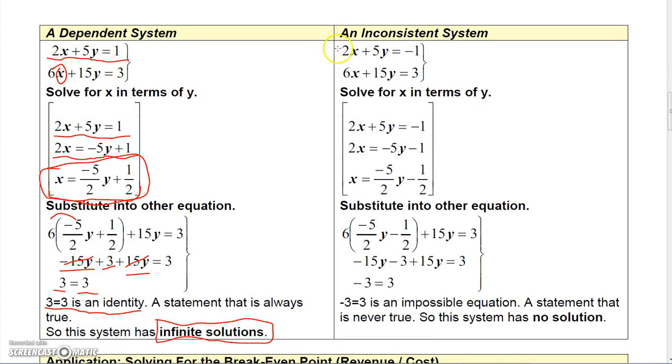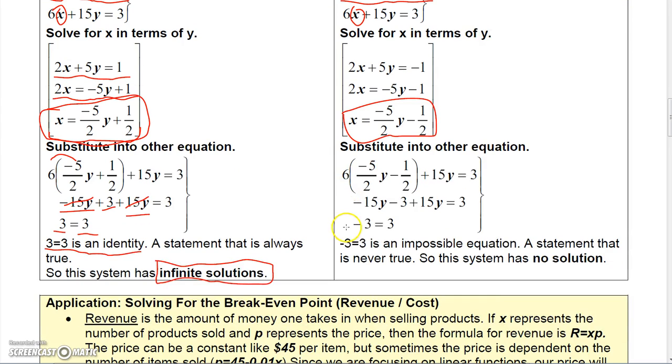Now, I'm not going to go all the way through this second one because it's so similar to the first one, but there's one little difference. If you take this first equation and you solve it for x in terms of y, you'll get minus 5/2 y minus a half, and then when you plug that in up here for x, what you're going to get is almost the same thing.